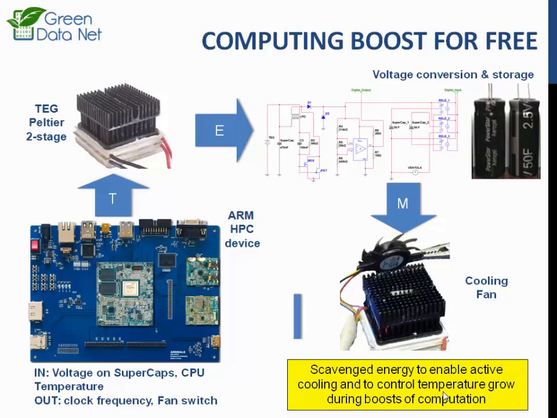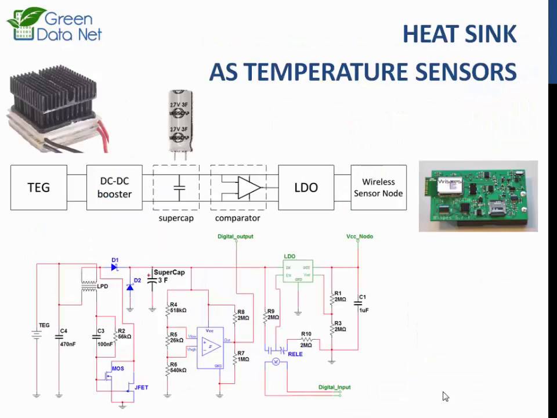You can then guarantee a computational boost to your processor because you decrease its temperature, and so you can guarantee some more minutes of high-intensity processing on the machine. The second path is to use these heatsinks as a temperature sensor, okay?